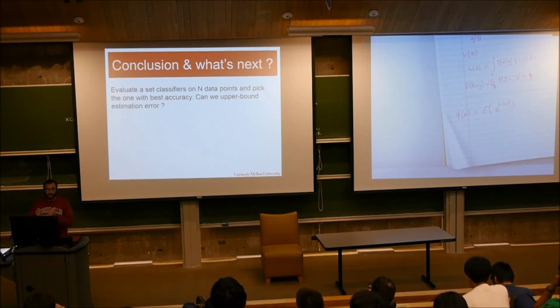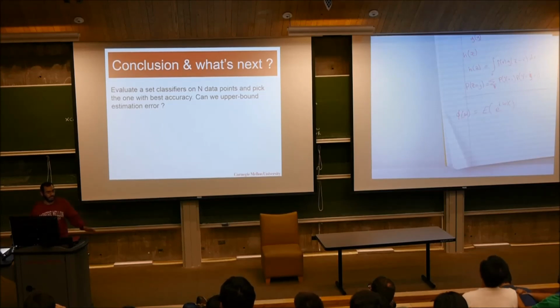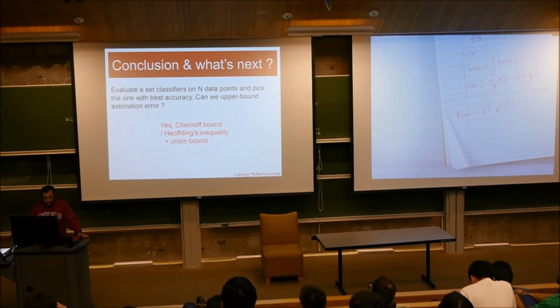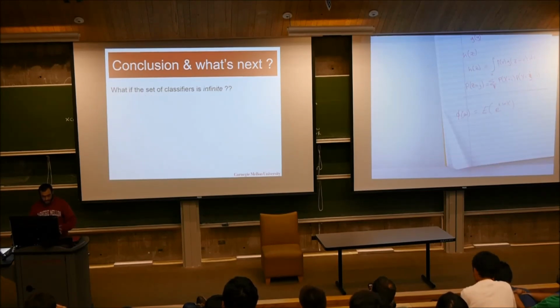But in reality, we don't have one classifier. We have a set of classifiers. And so we want to be probably approximately correct on all of them. So we'll use the union bound. But then a problem will arise. We don't have a finite number of classifiers.